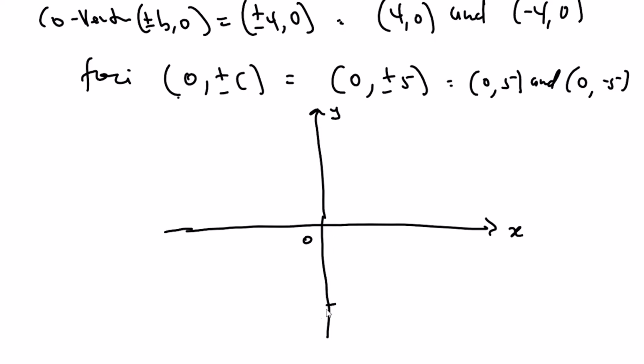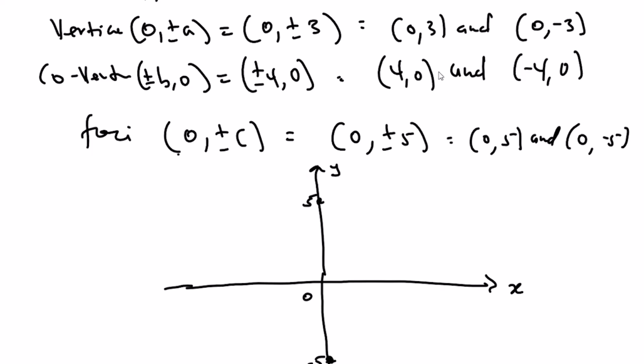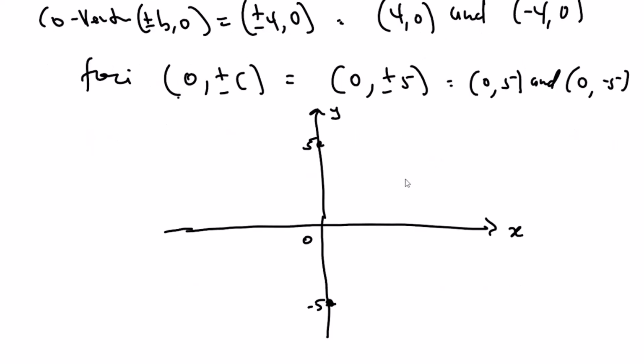So we have, let's say, 5 and negative 5. This will be our focus, and another focus. So what would be the vertices? The vertices were 0, 3, and 0, negative 3. So our 3 falls here, negative 3 falls here. So these are the vertices.